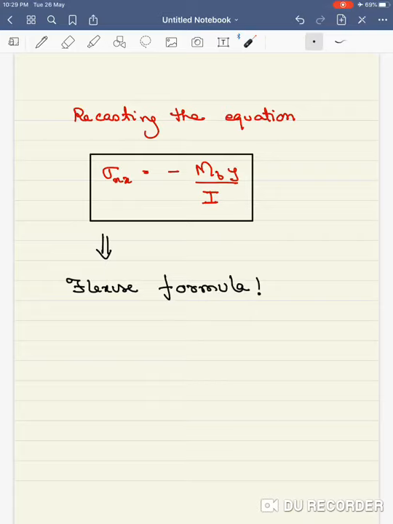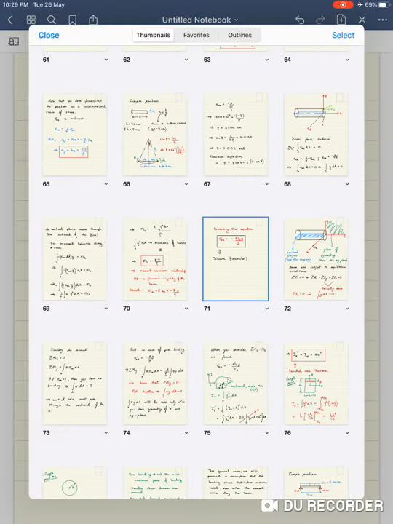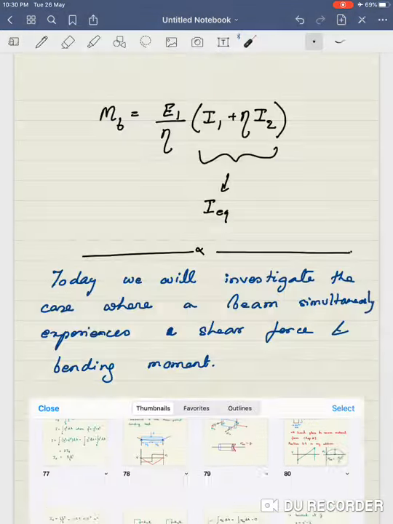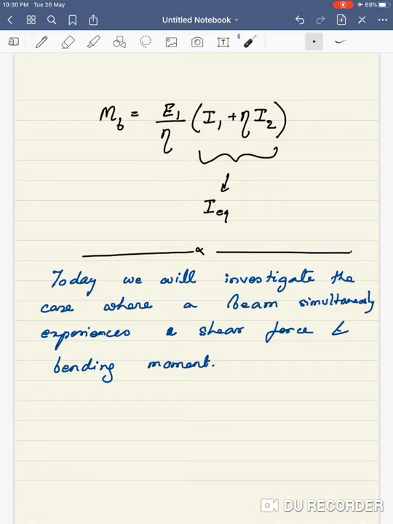So now we are saying that V is not 0, but we will override the conditions that we had laid down for getting this result, and we will say that this formula, the flexure formula, remains valid even in the case of a shear.